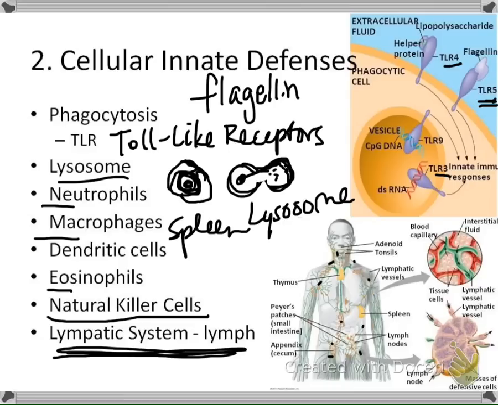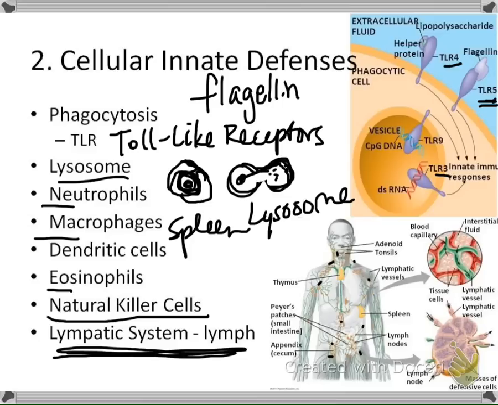If they're hanging out in your lymph nodes, they get pathogens that have gone from your interstitial fluid into the lymph. You have dendritic cells that reside on the outside of the lymphatic system, but migrate to these lymph nodes after an interaction with a pathogen.